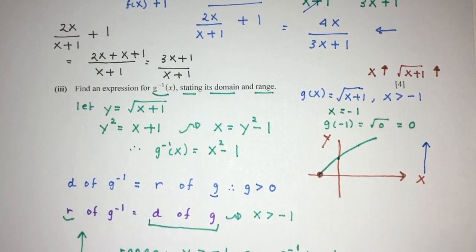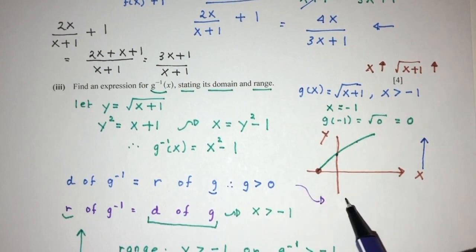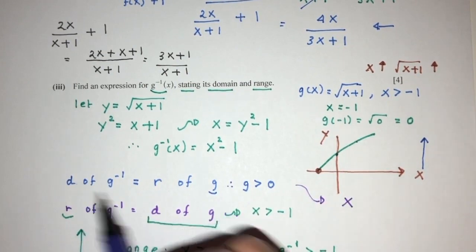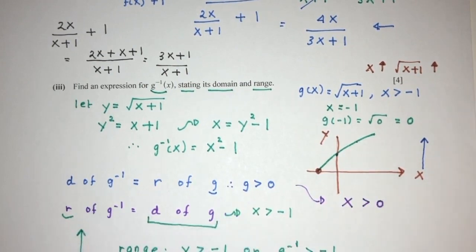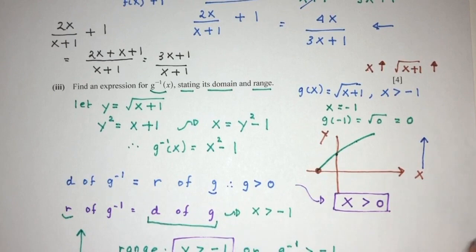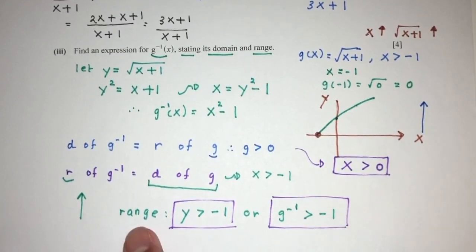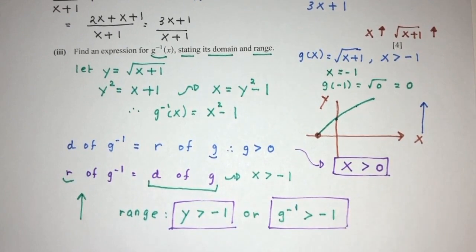How do you write the domain? You have to write it in terms of x. So using this information, we can write down the domain: x has to be more than 0 as well. So this is the domain, and this is the range for your answer. These two can be your answer for part 3 of the question.